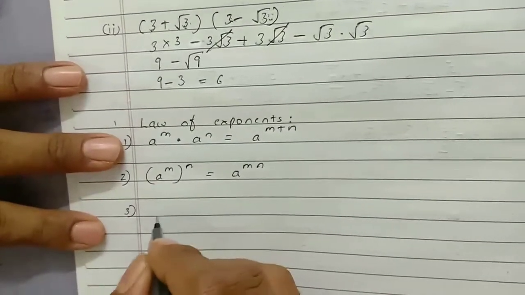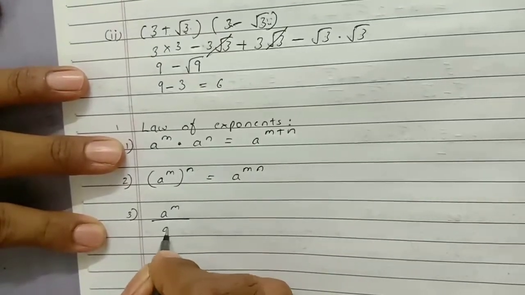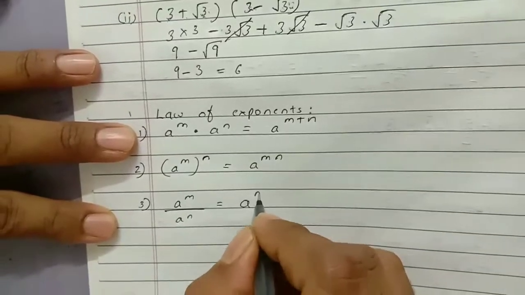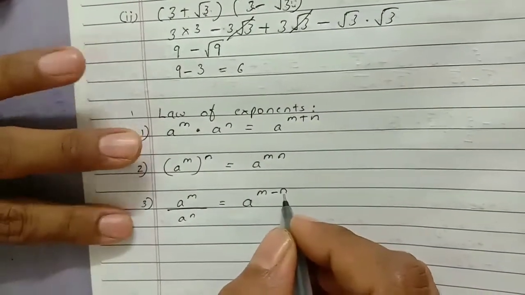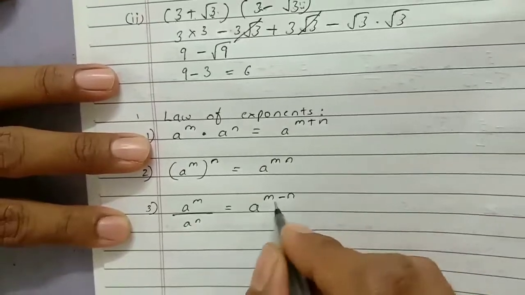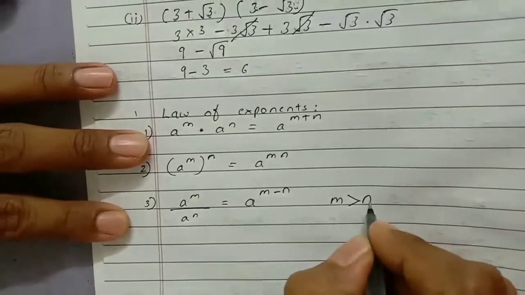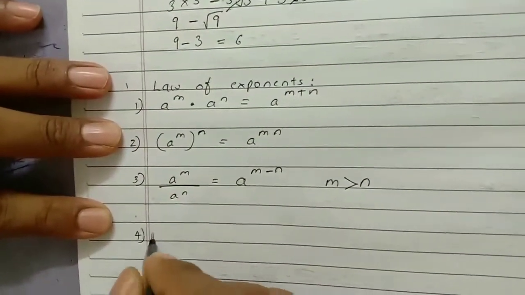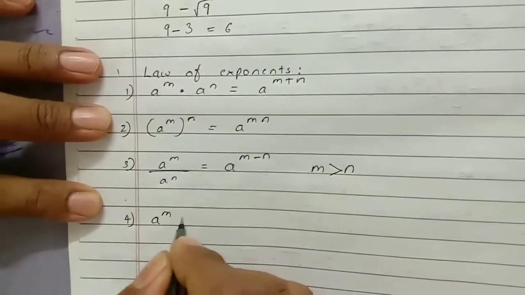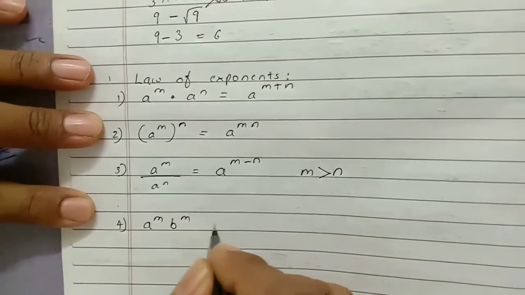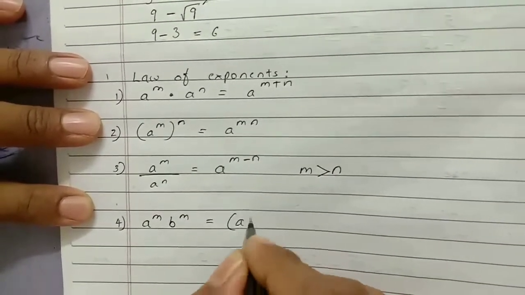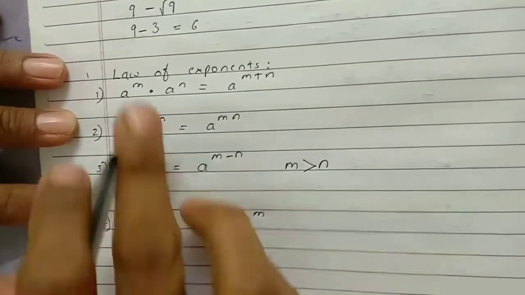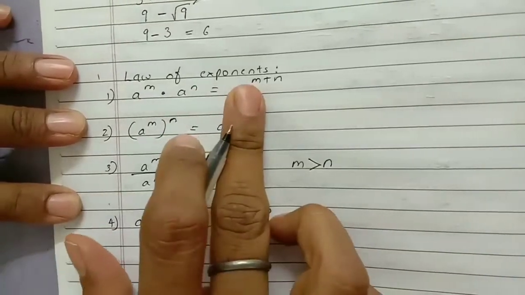Third law is a raised to m divided by a raised to n equal to a raised to m minus n. Here the condition is that m should be greater than n. The fourth law is a raised to m into b raised to m equal to ab raised to m, since m is common for both. These four laws of exponents you have to remember.